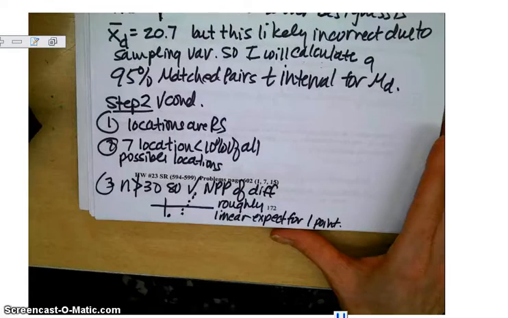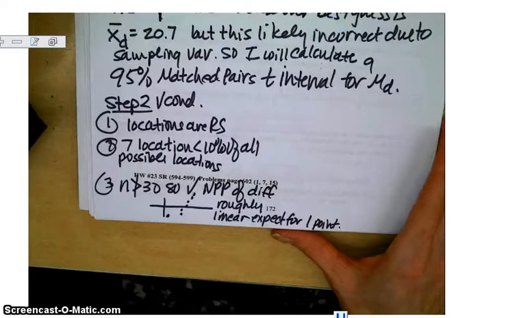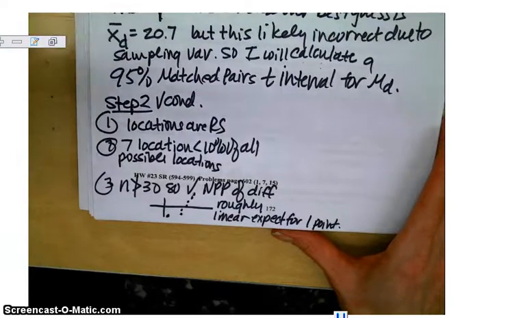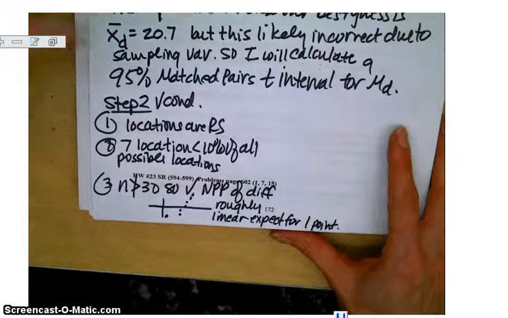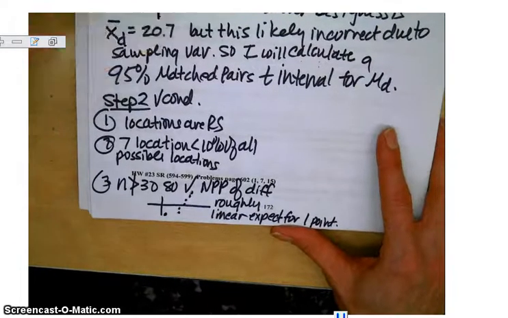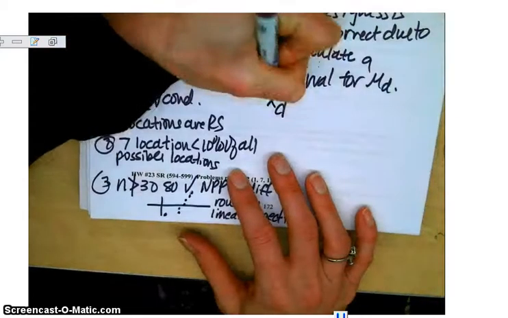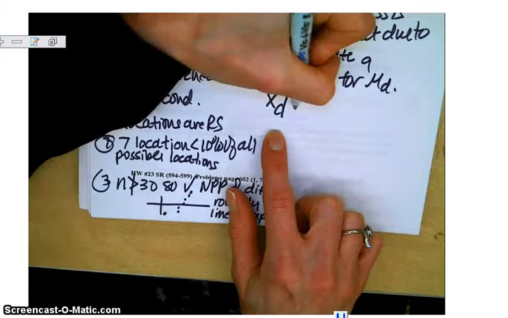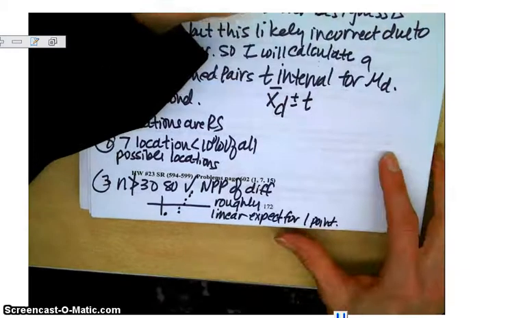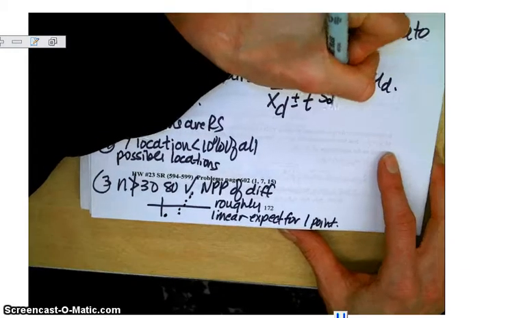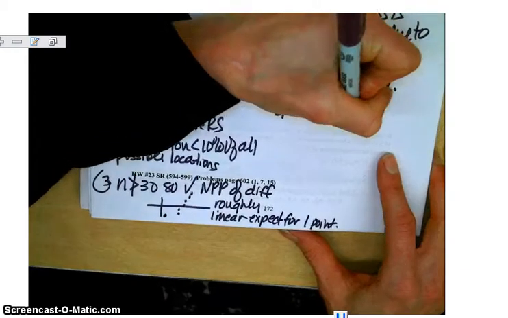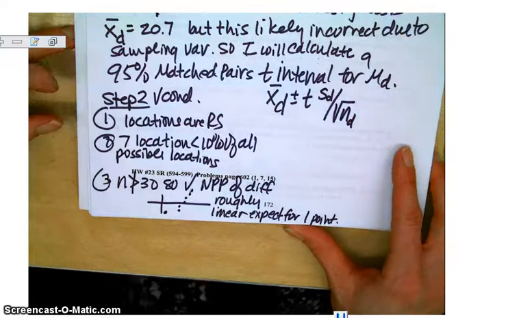We already kind of discussed what this means in the context of the problem. It means that maybe at that location there's a bigger difference. The insulation isn't working at that one location. All right, so now our confidence interval formula is our sample mean difference, plus or minus the t critical value times the standard deviation of the difference divided by the square root of n of the difference.